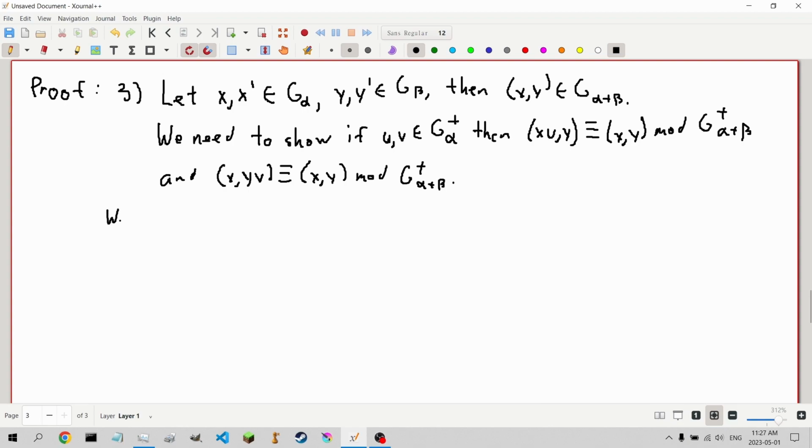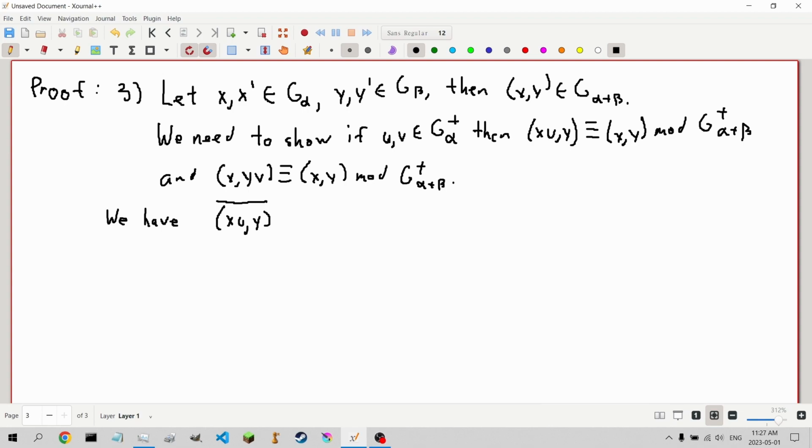So, how can we do this? We have that x, u, y, and then we're taking, keep in mind, this is the image inside gr alpha of g.